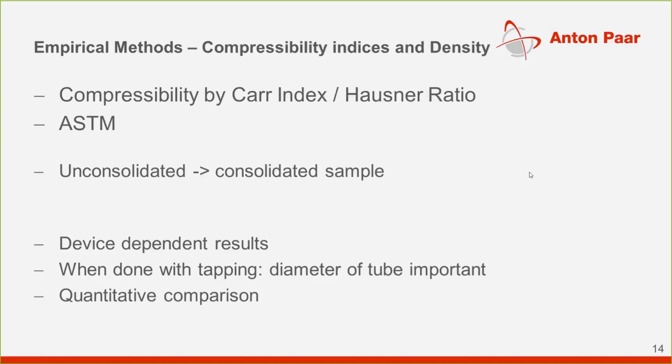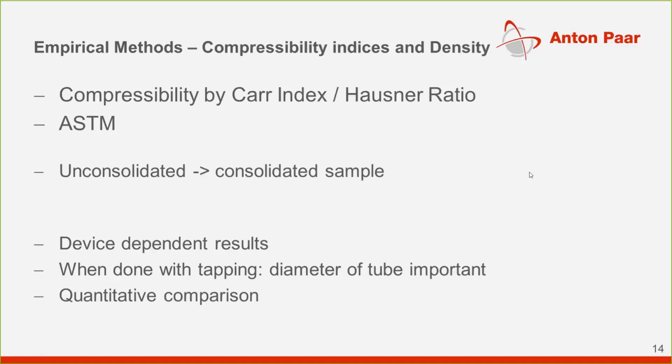What is done here is basically comparing an unconsolidated with a consolidated sample. There are generally a few different methods to look at this. This can be done, for example, by tapping. So a tube is filled with the sample and is then tapped, and the volume is measured before and after the tapping and set into relation.